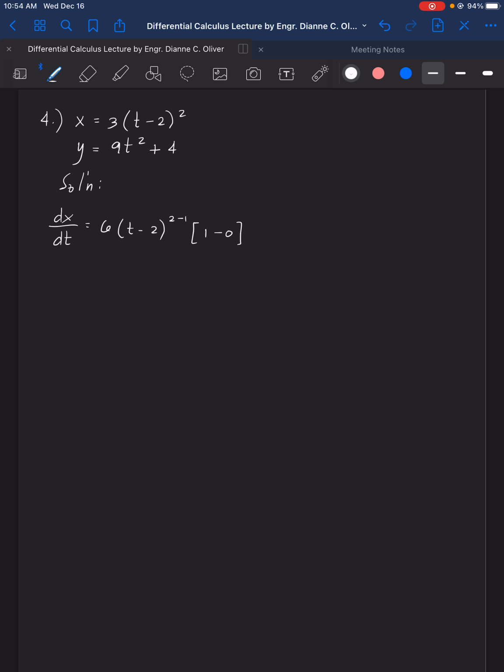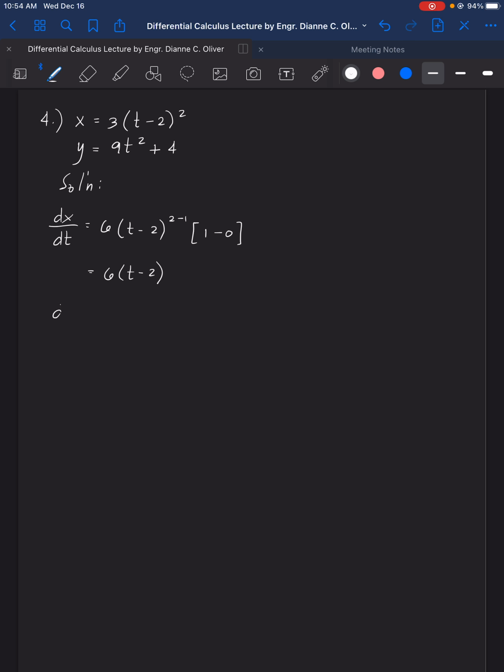So we have this 6 times (t minus 2). So observe that we are deriving in terms of t. That's why when we derive t, that is dt over dt, it becomes 1. So 6 times (t minus 2).